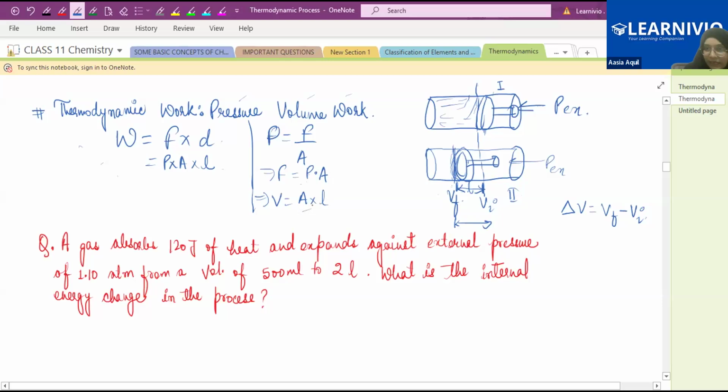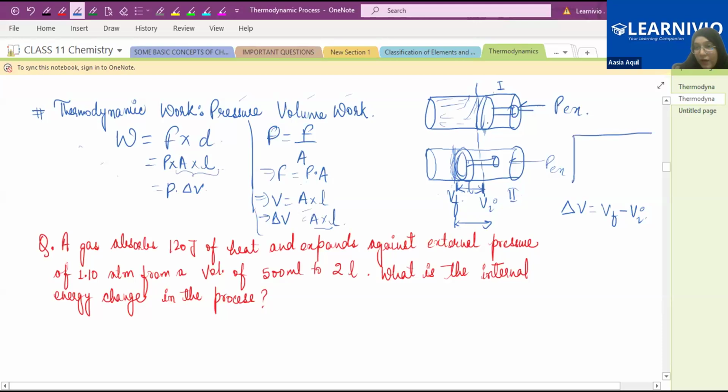The product of area and length is volume. But here we are talking about the delta changes in volume. So we can write delta V equals to area into length. Now substitute this. This is your delta V. So P into delta V. Now see here.